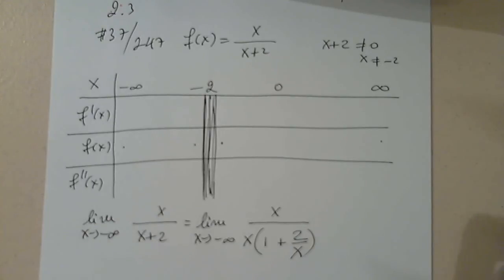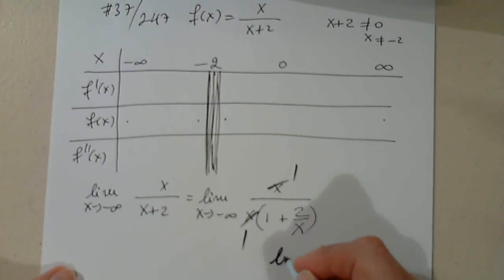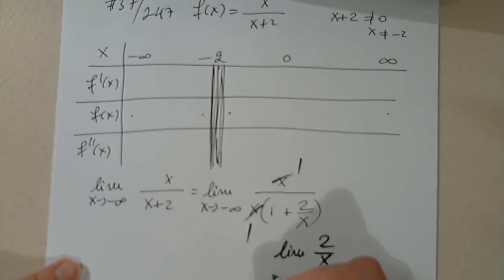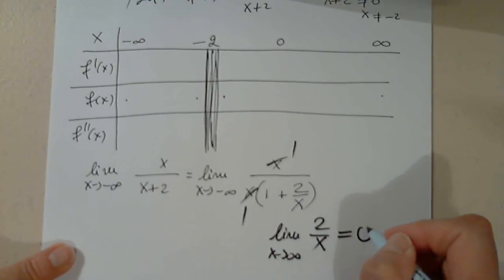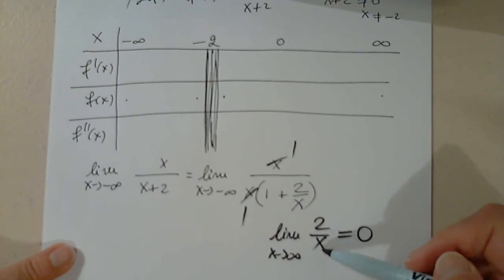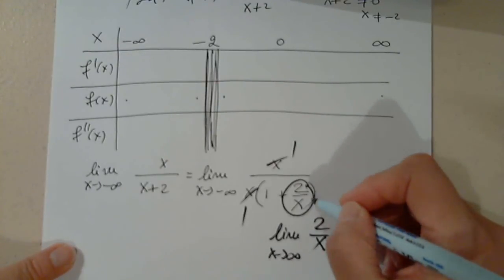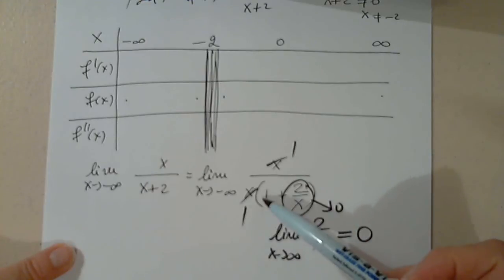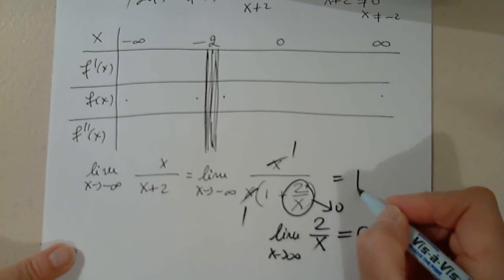At this point, I simplify x, and I know that limit of 2 over x as x approaches infinity or -infinity must be 0. 2 divided by a huge number is almost 0. So this approaches 0. 1 plus 0 is 1. 1 divided by 1 is 1.